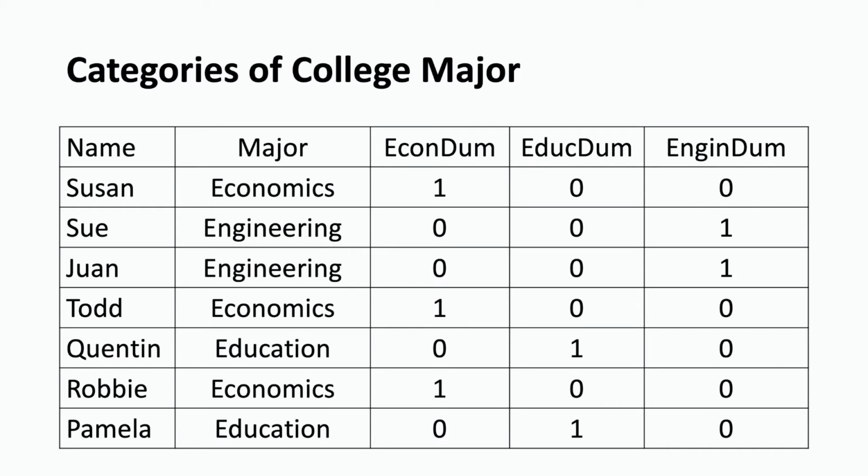The second dummy variable we're labeling as education dum. Here we have 2 students that are education majors, Quentin and Pamela. And then the third dummy variable is labeled as engineering dum, and it shows that you have 2 engineering majors, Sue and Juan. When we go to incorporate information on a student's major into the regression model, we have to decide which of the categories we're going to exclude.